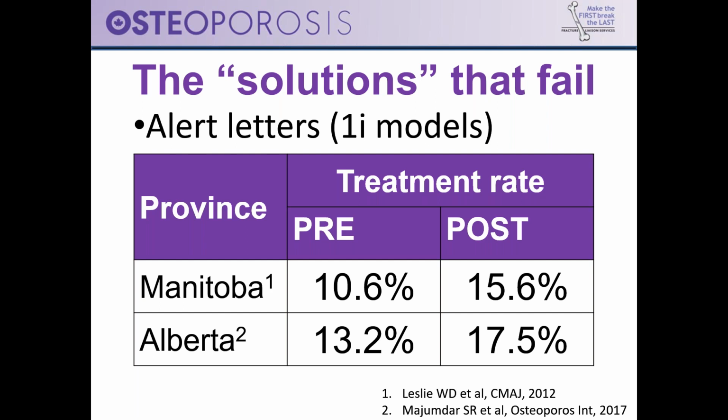So although this is a tiny improvement in terms of meaningfully closing the care gap, these models have failed. So this is a consistent finding of the 1I model, that it always consistently has a small statistically significant improvement, but not a meaningful one.